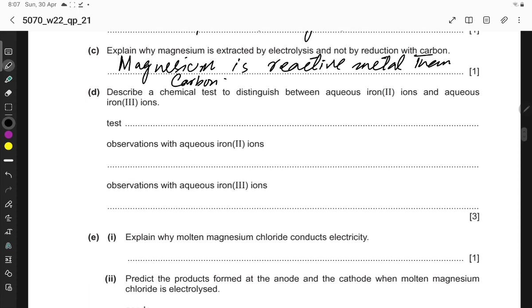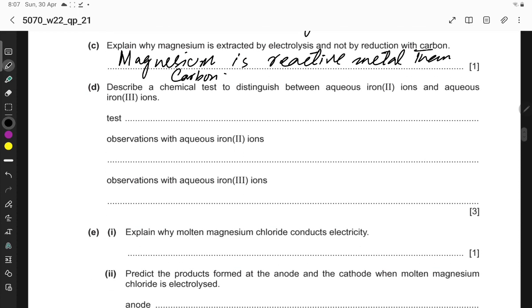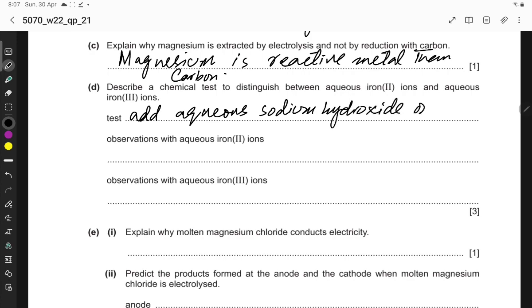Describe a chemical test to distinguish between aqueous iron 2 ions and aqueous iron 3 ions. Add aqueous sodium hydroxide or ammonia solution.